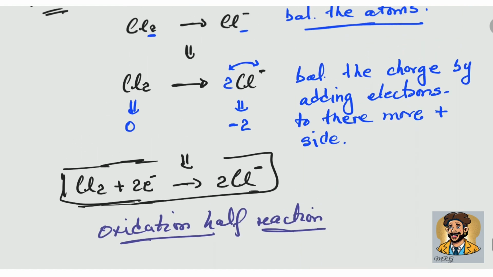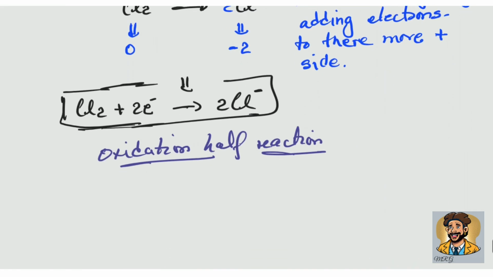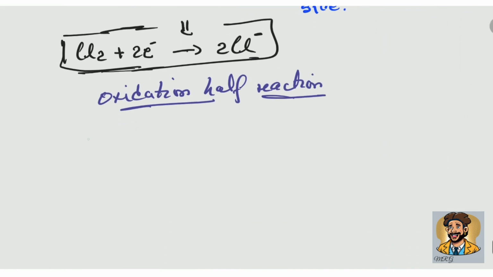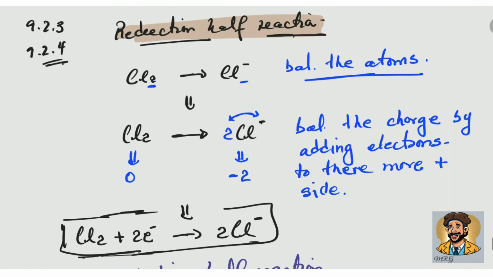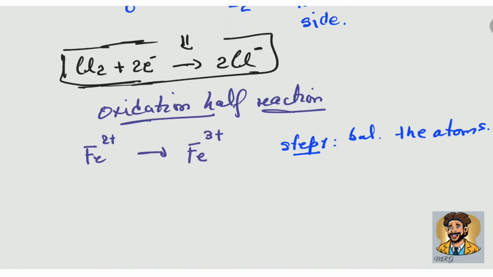So in the oxidation half reaction, what do we have? We're going to do the same. On the left side we have Fe2 plus, and on the right side we have Fe3 plus. So we have here Fe2 plus, and on the other side I have Fe3 plus. We are going to follow the same steps. Balance the atoms, which in this case are already balanced.